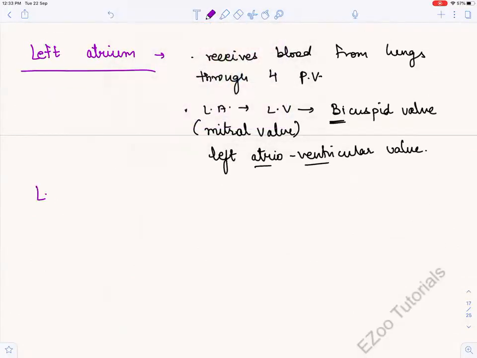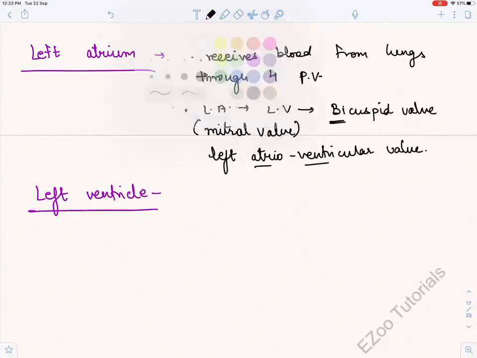Now let us see about the left ventricle. Once this structure is understood, everything will be fine. It is 10 to 15 millimeters thick and as we can say it is the thickest chamber of the heart, right?